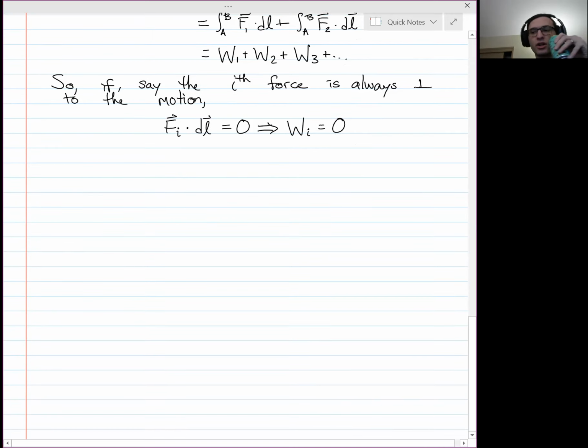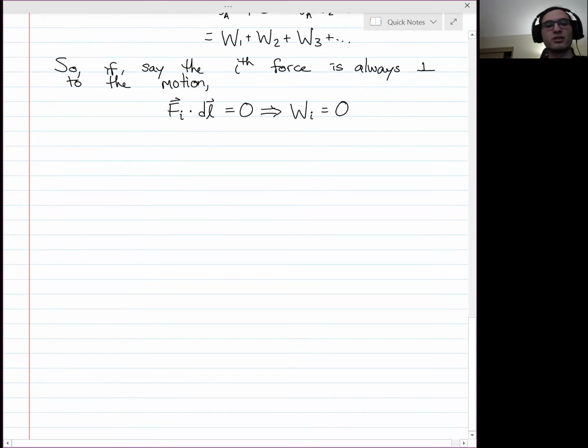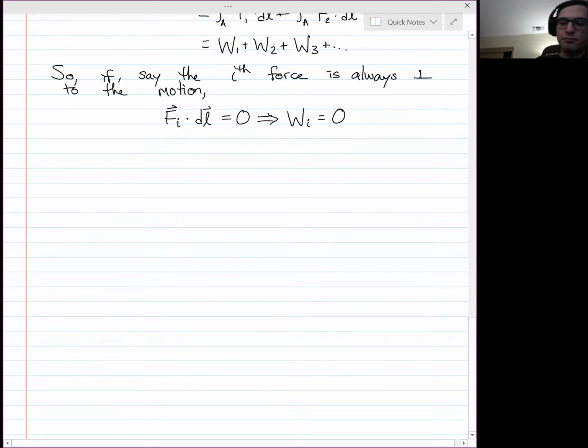And I'm going to give a rather complicated example. Rather, an example that would be hard to do using Newton's laws, but is easy with work. So let's take a block sliding in a frictionless loop-the-loop. And I'll draw a picture of what I mean by this in a minute.